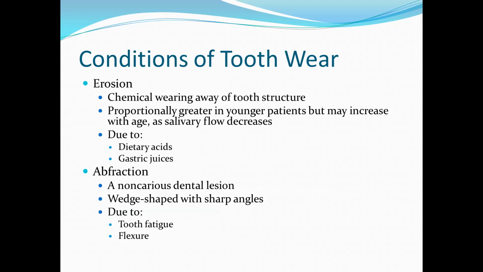Is it on the linguals of the posterior teeth? Maybe they have acid reflux. Is it on the linguals of the maxillary teeth? Maybe they're vomiting. So you can be the detective that way. And abfractions, which are non-carious dental lesions, and they're wedge-shaped, and it's usually due to the flexure of the tooth.